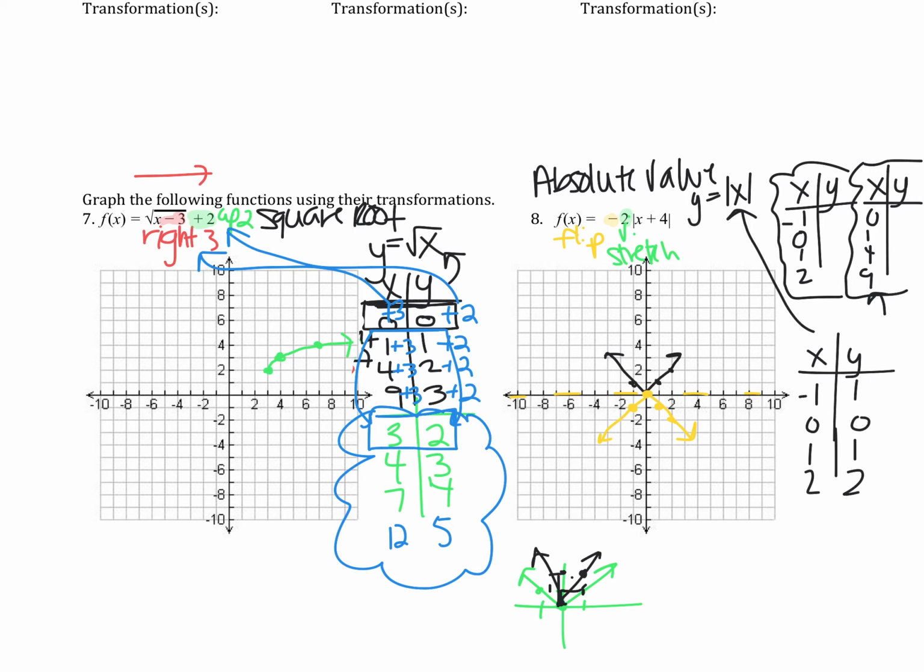So here, instead of having a slope of 1 between my first 2 points, I need to stretch it by 2. So I need to go down 2 over 1 and plot my new point. Same thing on the other side. Instead of 1, I need to go up 2 over to the next point so that it now has a slope of 2 and I have stretched it out.